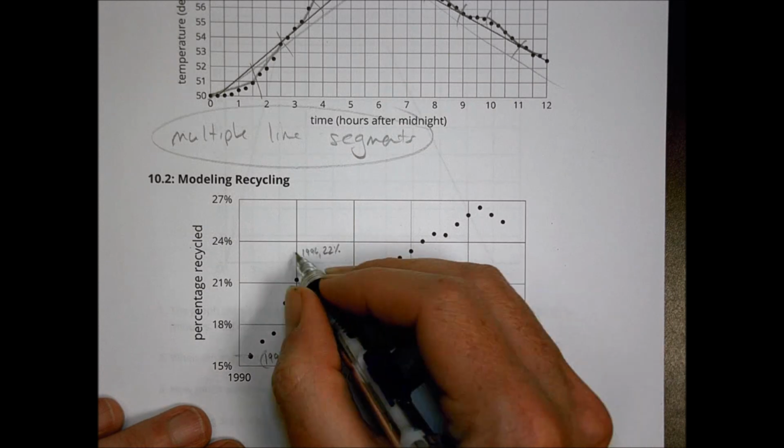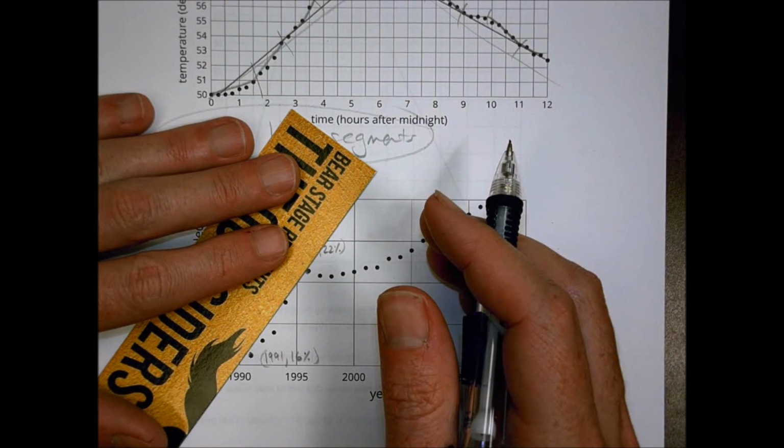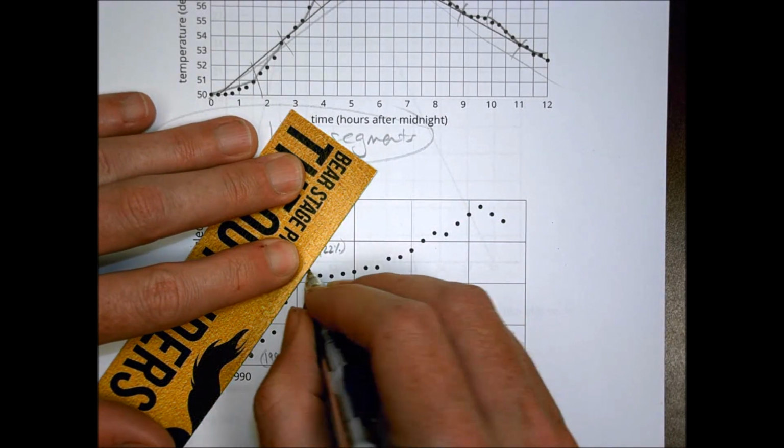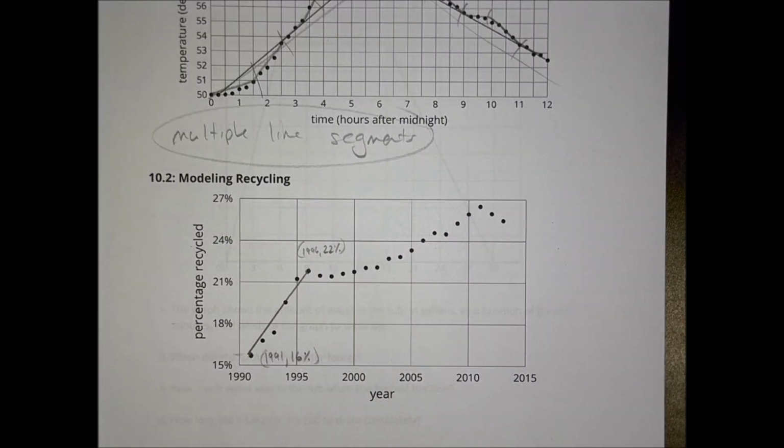And that's maybe my first little line segment from 1991 to 1996. Now when I look at that line, in terms of what the first question is, what's the percentage recycled each year?